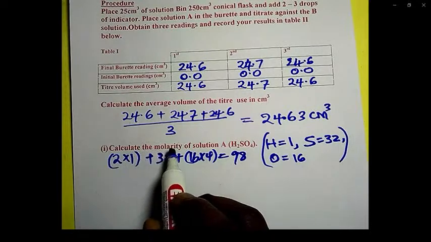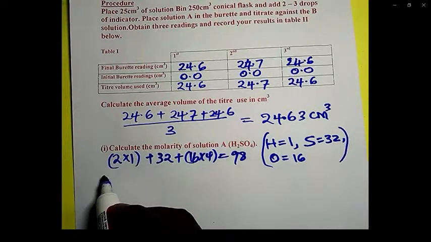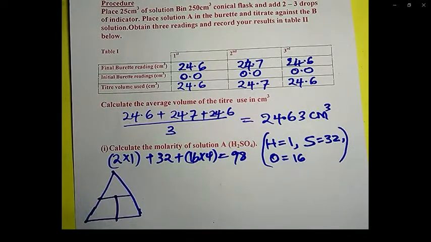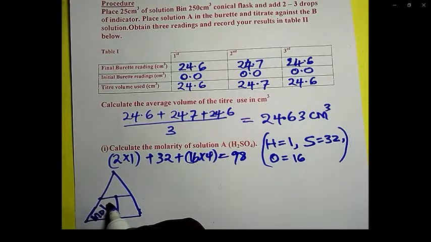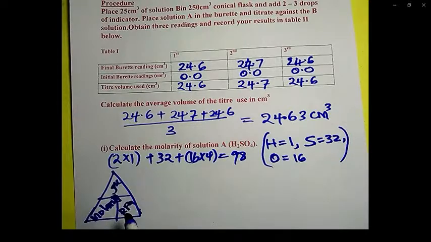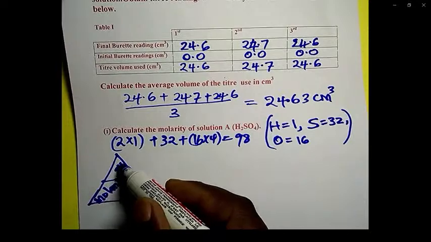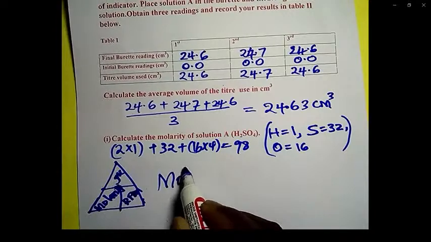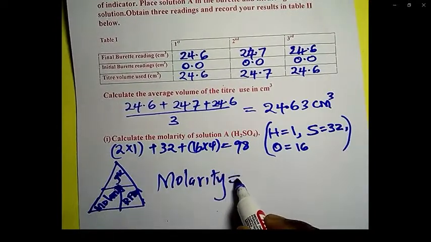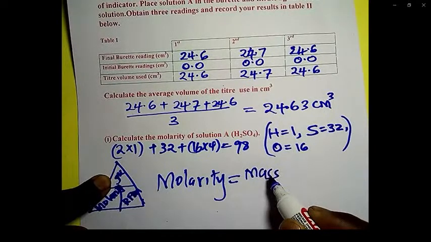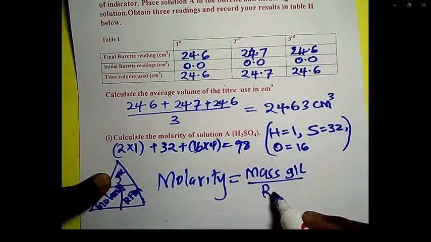We have been asked to calculate molarity. Always remember this triangle: molarity, mass in grams per liter, RFM. So we want molarity. How do you get molarity? Molarity is equal to mass in grams per liter divided by RFM.